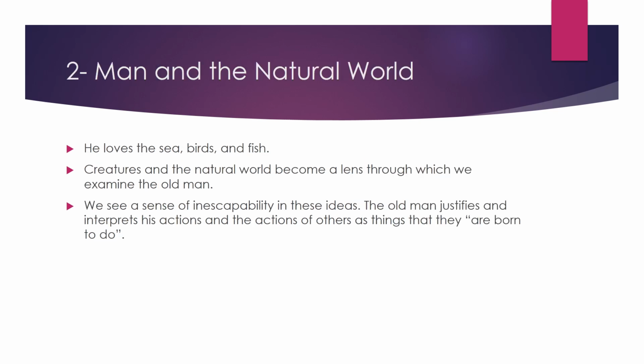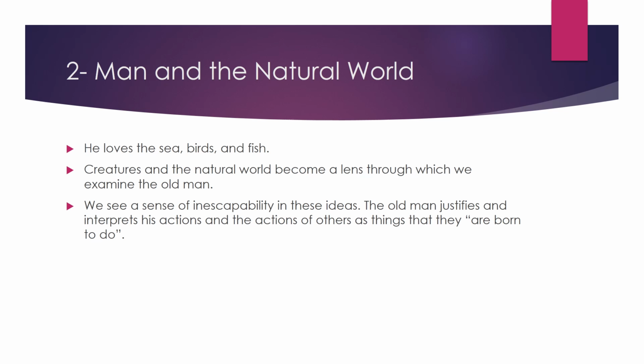As for the second theme, we see man and the natural world, the mutual relationship between them. In the beginning, when we started talking about this novel, we said that it appeared in a context of capitalism and industrialism.